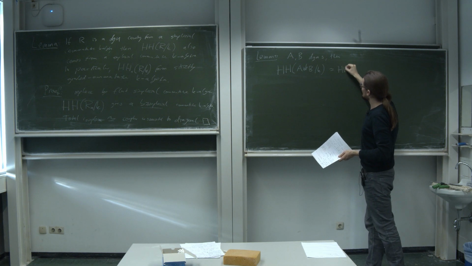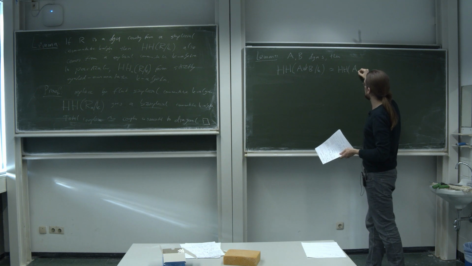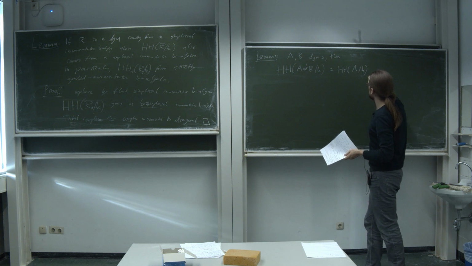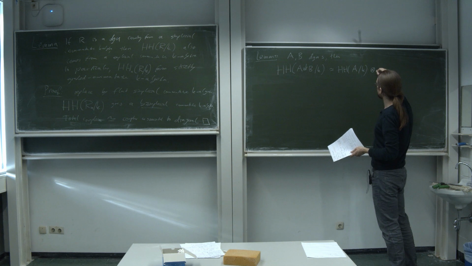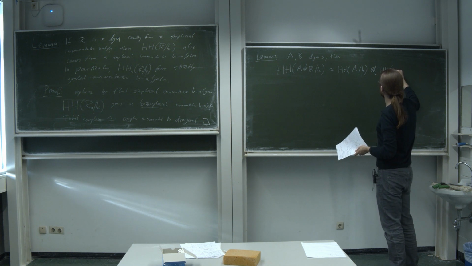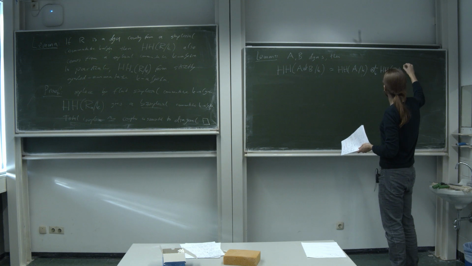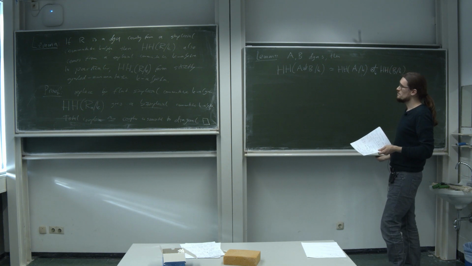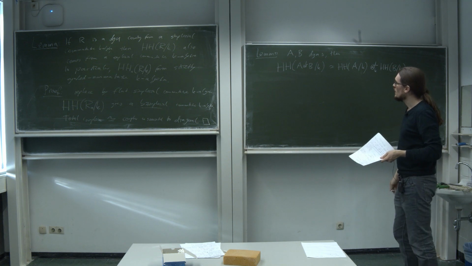is quasi-isomorphic to the Hochschild homology of one term tensored over K, again derived, with the Hochschild homology of the other term.